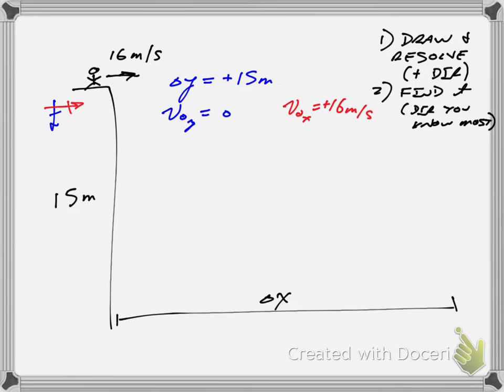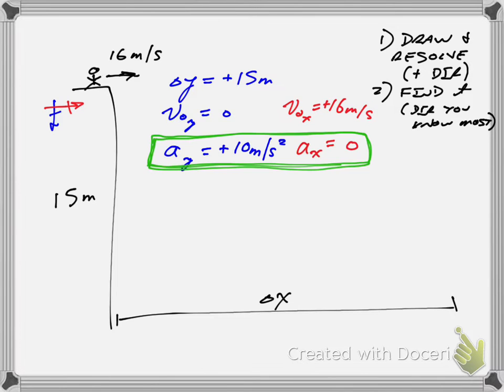Initially the ball is only moving to the right, so it has an initial velocity of positive 16 meters per second in the x direction, but in the vertical direction, it has an initial velocity of 0. And then, of course, acceleration is in the down direction, 10 meters per second squared, so that's only vertical, in what I've designated as the positive direction, and there's no acceleration in the x direction.